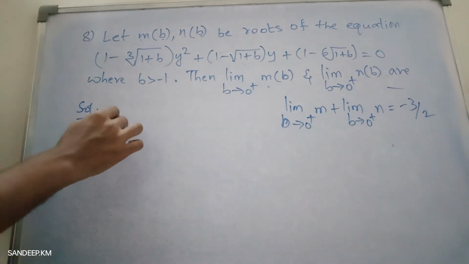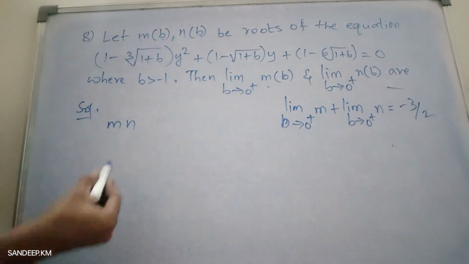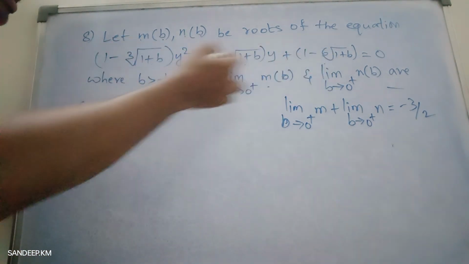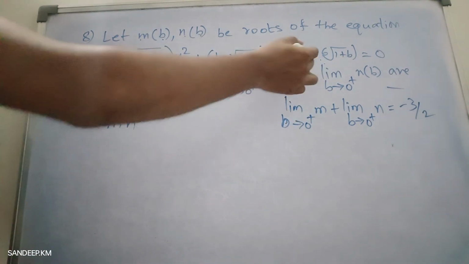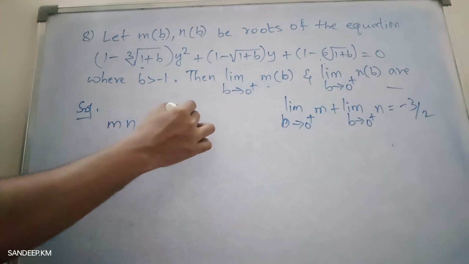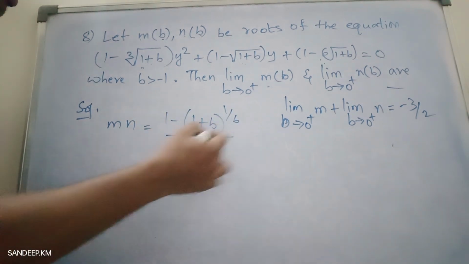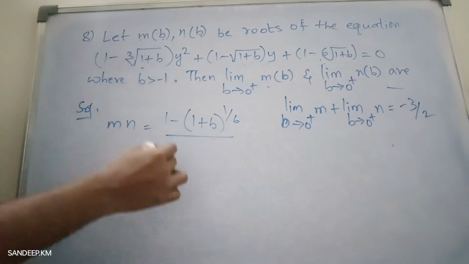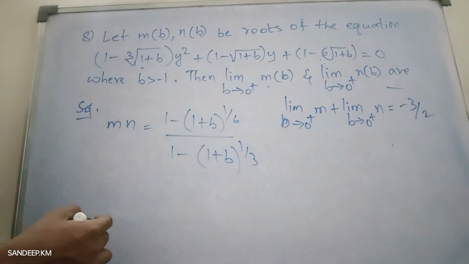Now the product of the roots, m into n. I just took m of b as m and n of b as n. Product of the roots is equal to c by a. So constant term divided by y square coefficient. c is 1 minus 6th root of 1 plus b, 6th root means power 1 by 6, divided by a, so 1 minus cube root of 1 plus b, that means 1 plus b power 1 by 3.